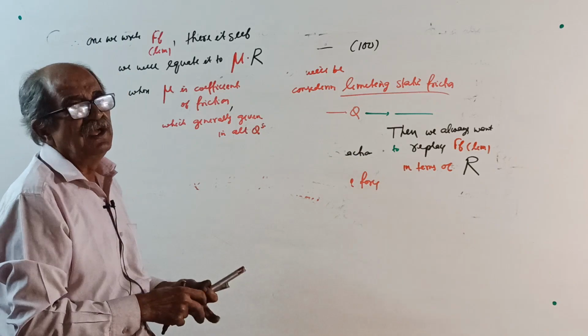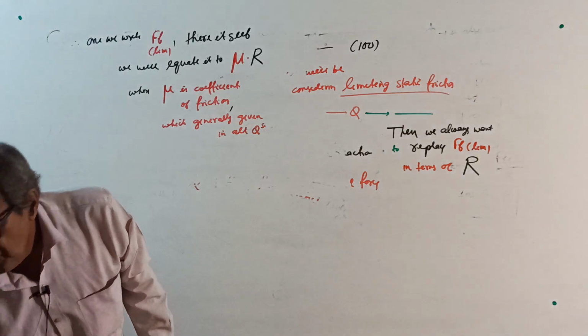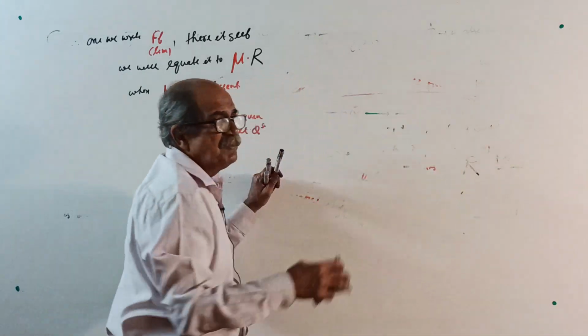Usually when a question is given on friction, they will give you the coefficient of friction mu. I'll show an example for you.